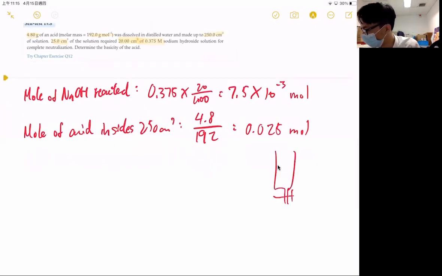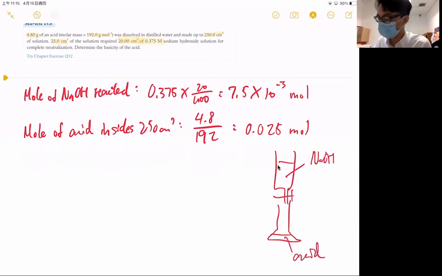In the burette we put the sodium hydroxide, and in the conical flask is the acid. We withdraw 25 cm cube of solution from the 250 cm cube.